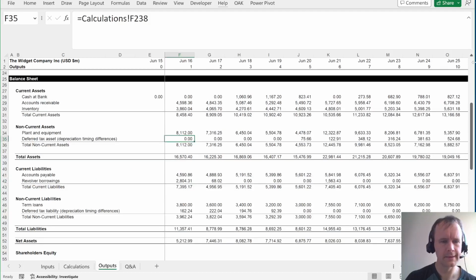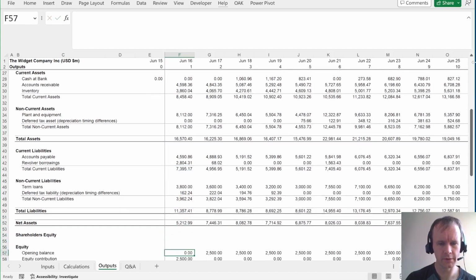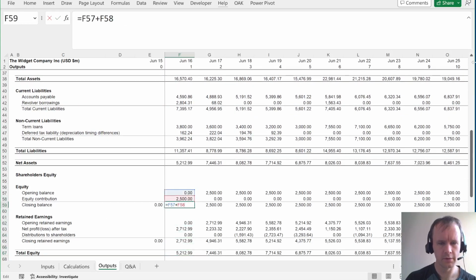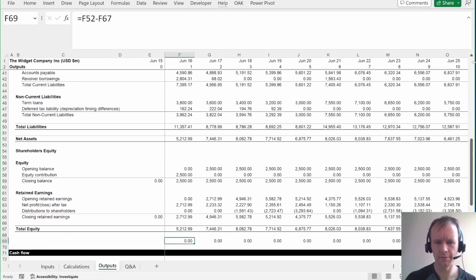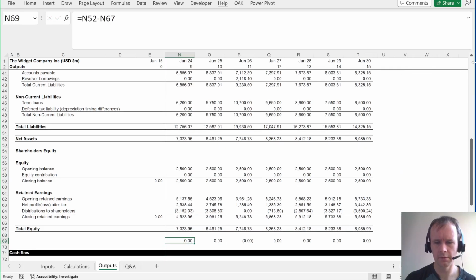Fine. Okay, let's just check all the other sums are working. That is working, yes. That's working. That's working. That's working.